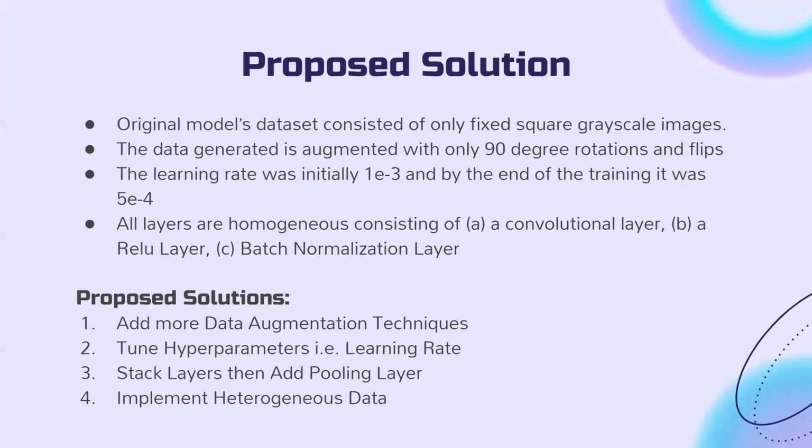Our solutions consist of adding more augmentation, and we want to tune the hyperparameters, including the learning rate. We also want to stack layers together, meaning we want to add a set of convolutional layers along with the nonlinearity and the batch normalization, and then add a pooling layer in the middle.